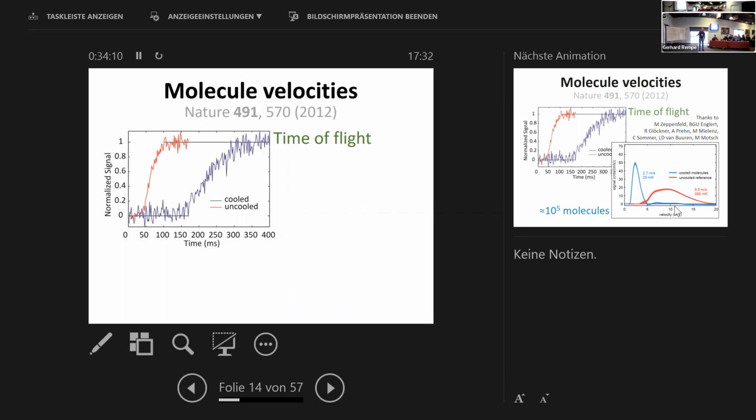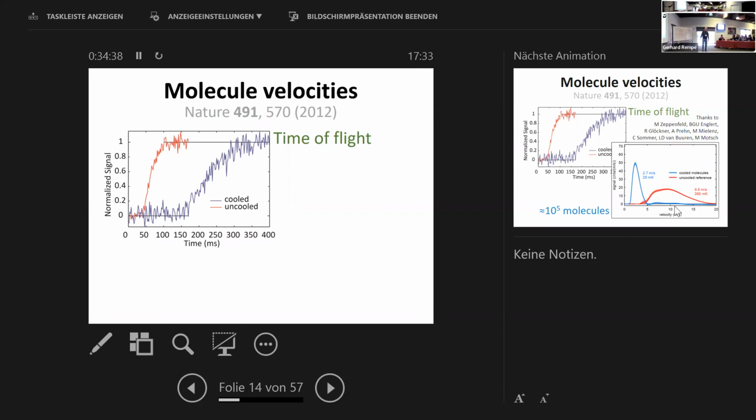When we cool them, the cooled one is the blue one, it takes much longer for the molecules to arrive, something like 150 or maybe 200 milliseconds, and then they slowly turn on and reach a steady state. Of course, it doesn't even reach a steady state. At some point the trap empties, and then at a later time it just decays, because the reservoir is empty.